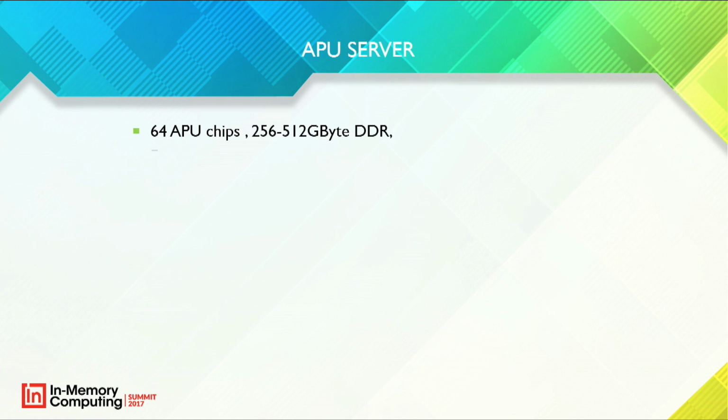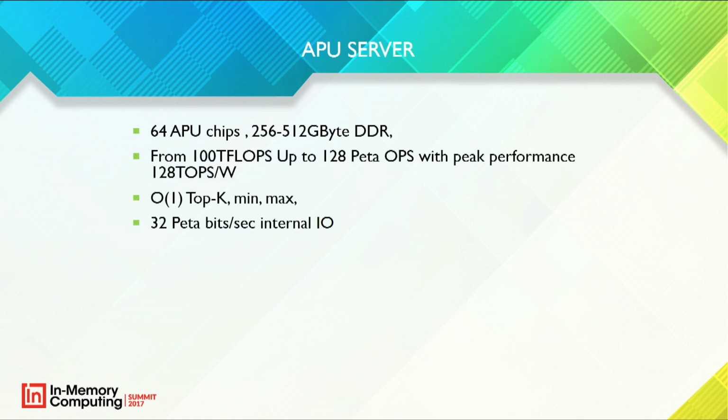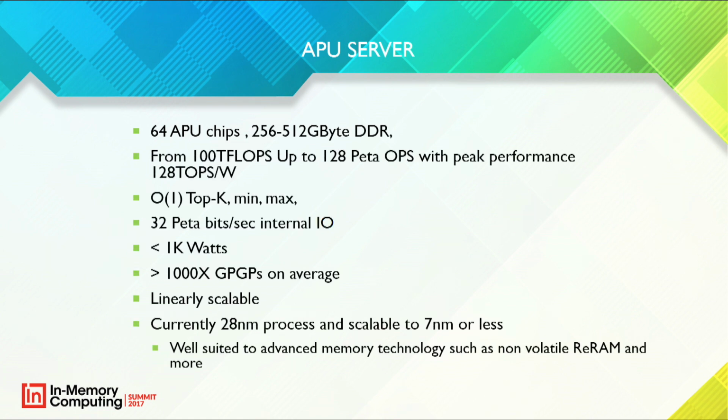In an APU server, this can be a single node, as we call it. We have 64 chips, or maybe up to 100 chips. So it's not 1 terabyte of memory. It will be in the range of 16 gigabytes to 20 gigabytes of associative computing.